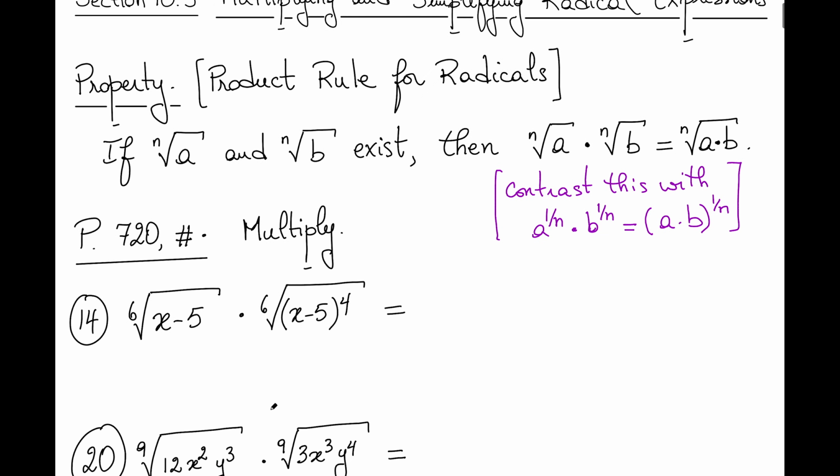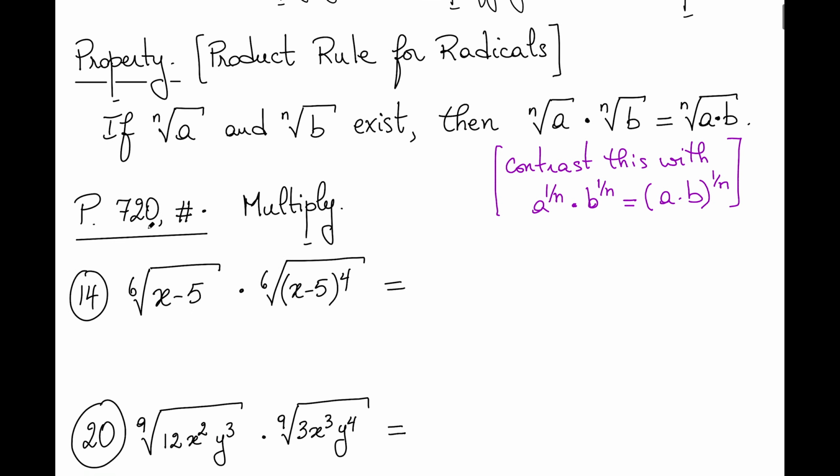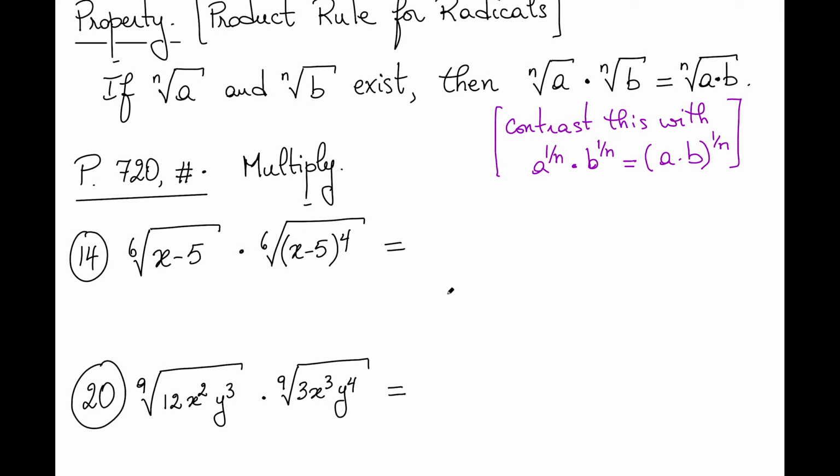Let's start with this. This is on page 720, number 14. And what we need to do is to multiply this expression with this expression. Well, by the product rule for radicals, you're given the left side, you can transition to the right side while preserving the value.